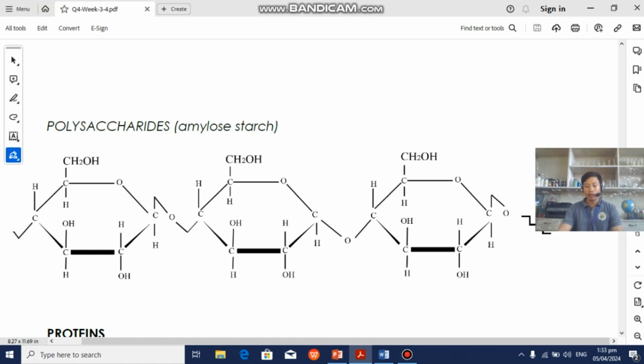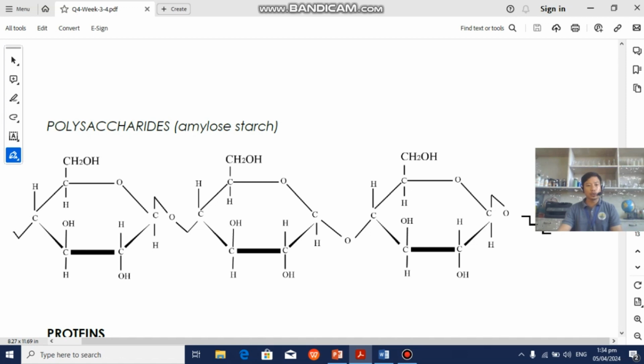How about if it has only 3 to 10 molecules of sugar? Then that is called oligosaccharides.